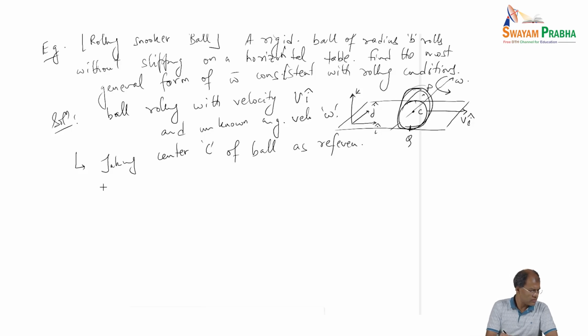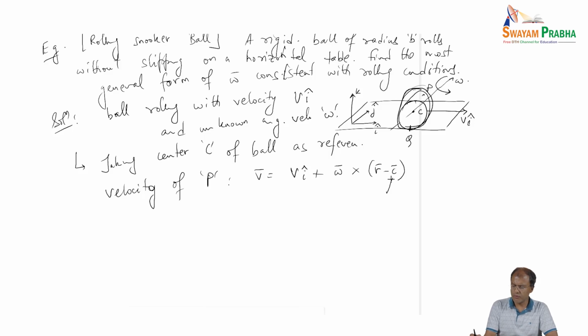The velocity of P on the ball is given by V of I plus omega cross (r minus C), where C is the position vector of the reference point C. And now we can find the velocity of Q, the point which is touching the surface where the ball is rolling.